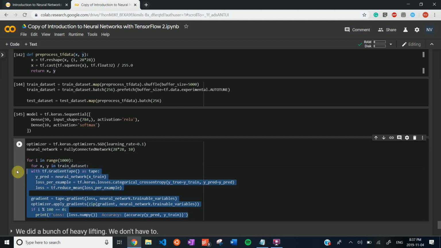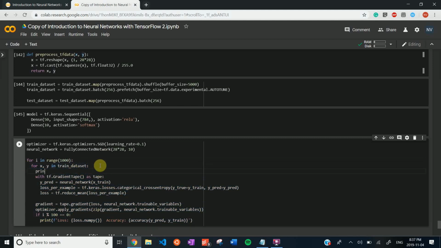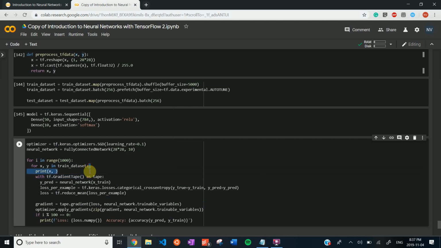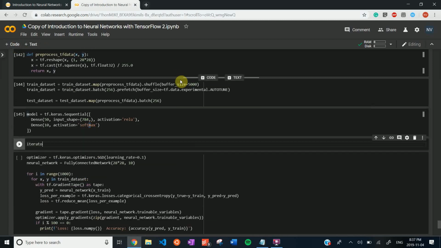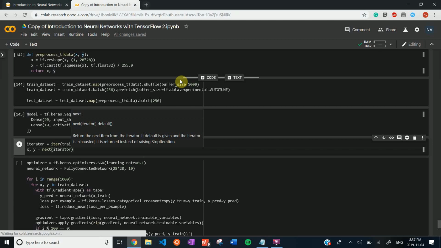And then we're going to do all of the stuff. Actually, let me show you what XY is first. For those of you who are not familiar with Python iterators, you can do the following. Iterator equals, this is essentially what the for loop is doing, and then XY is equal to next. Don't worry if you don't understand this Python syntax. I just want to show you what the data set is outputting in our for loop.